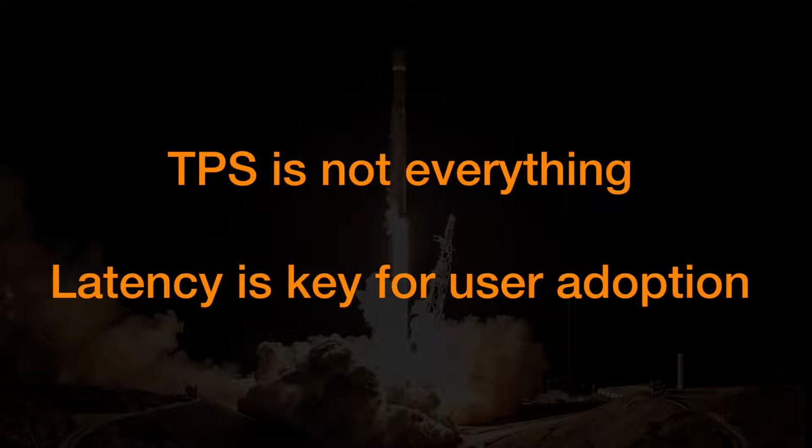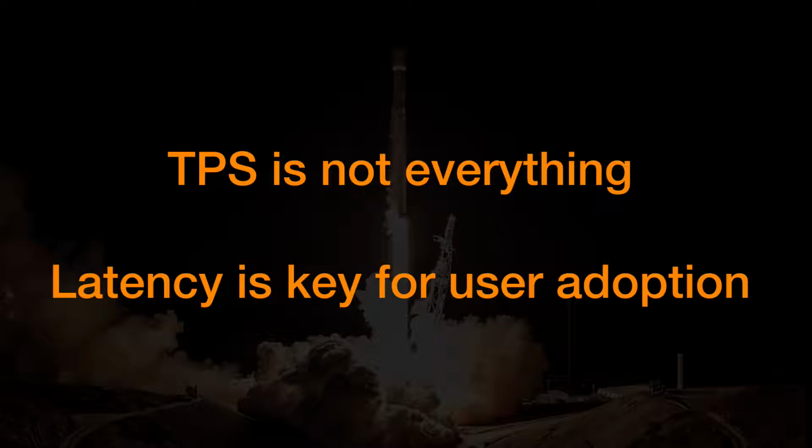We have this general fixation on the transactions-per-second metric. But another very important thing is latency. These two things are actually very different. If you have, let's say, a 10,000 transactions-per-second system, it doesn't mean that one transaction will take only 1 over 10,000 seconds.